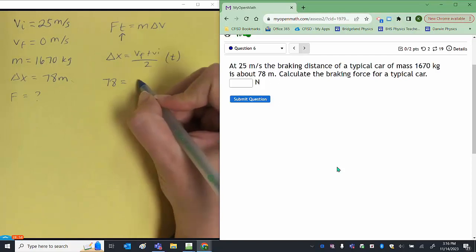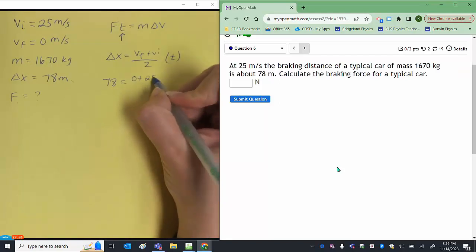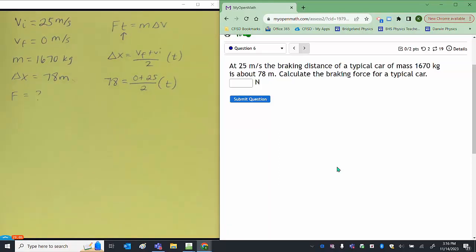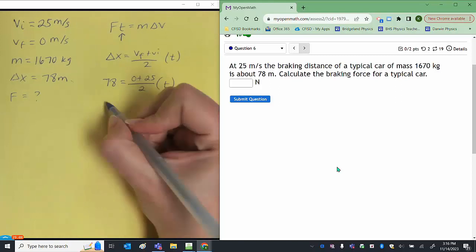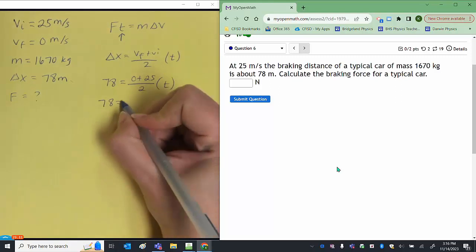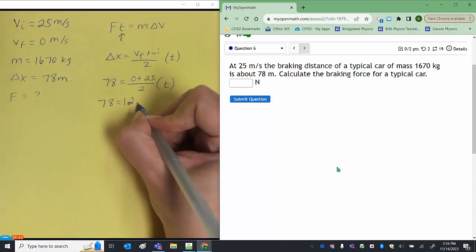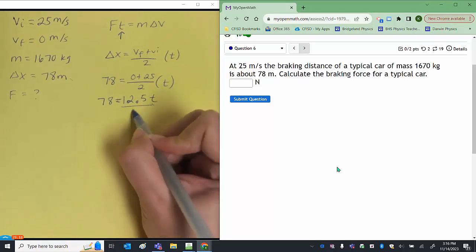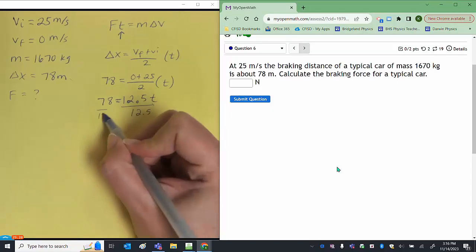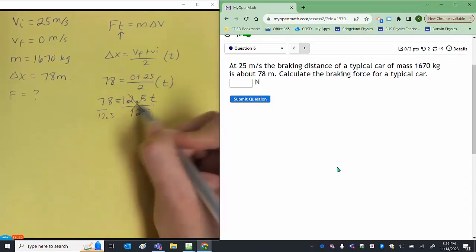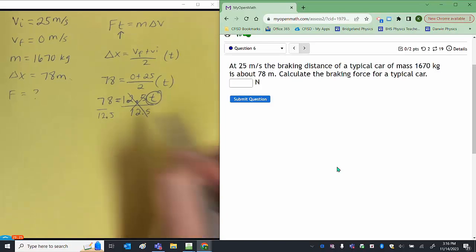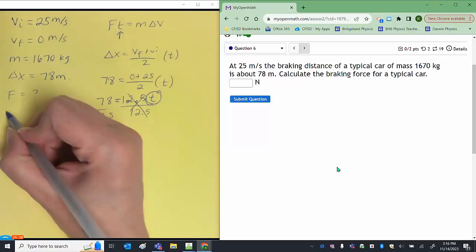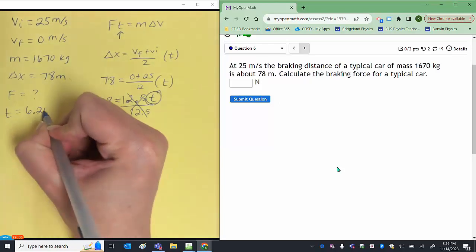My VF is 0, my VI is 25, divided by 2, times T. So 25 divided by 2, let's go ahead and work that out. 78 equals 12.5 T. And now we just need to get this by itself. Divide both sides by 12.5. That cancels, that isolates T, and that goes in my calculator. 78 divided by 12.5 gives me a time, T, of 6.24 seconds.